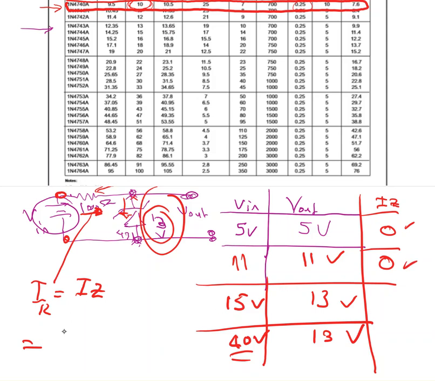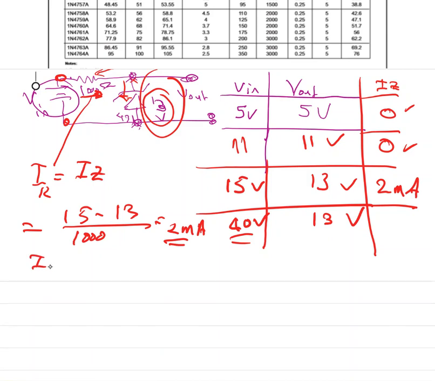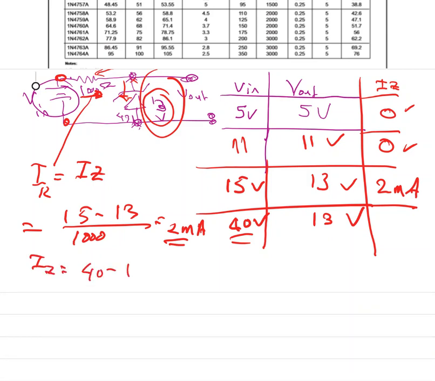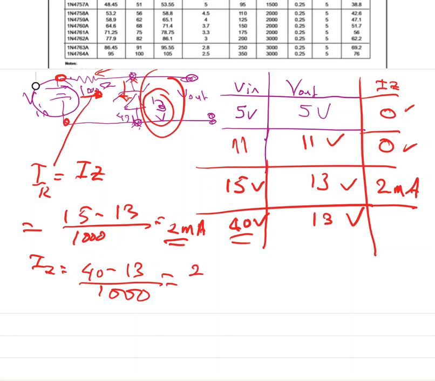For this one, I will have 15 volts minus 13 volts divided by 1000, and you see that this is 2 milliampere current. The same thing here, next one I will be having 40, so IZ is 40 minus 13, again divided by 1000, and this is 27 milliamperes here.